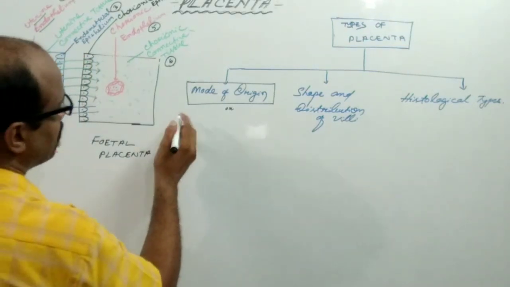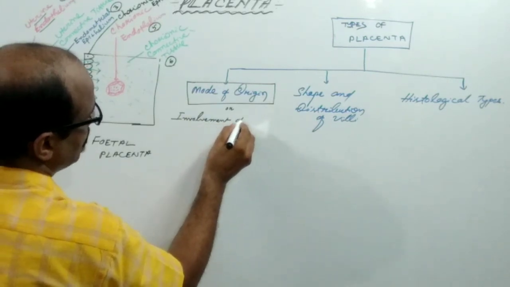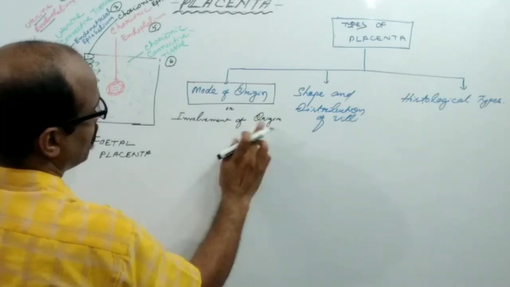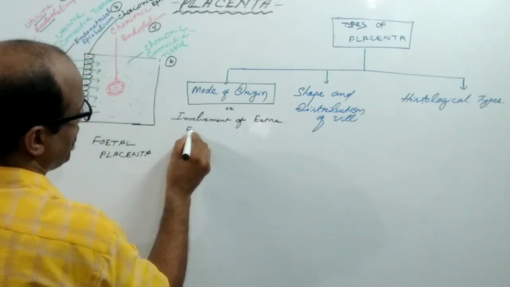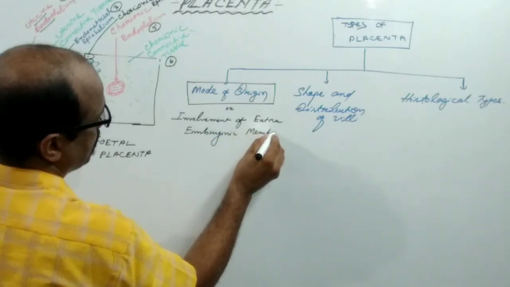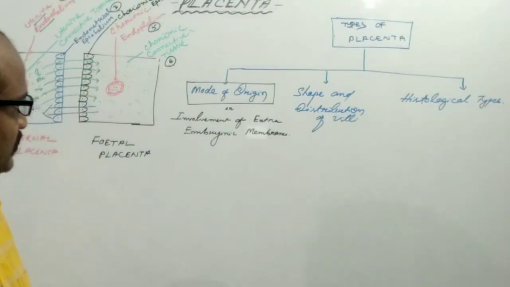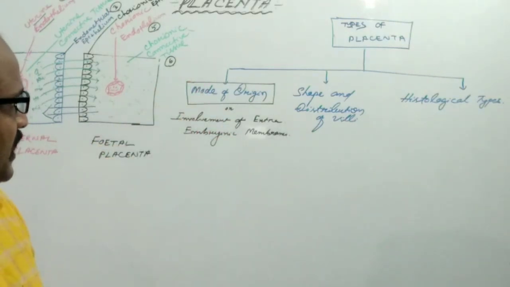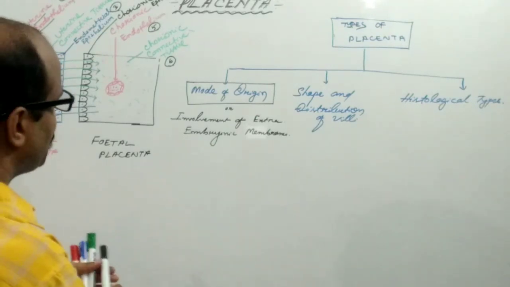So on the basis of the involvement of extra embryonic membranes at the time of development of placenta, the placenta may be of three types.